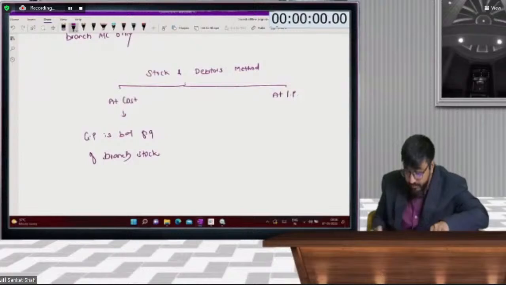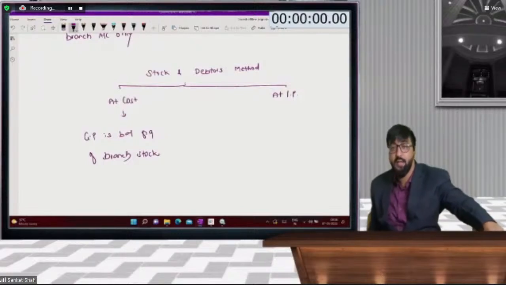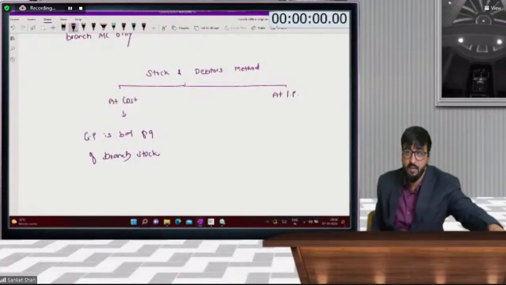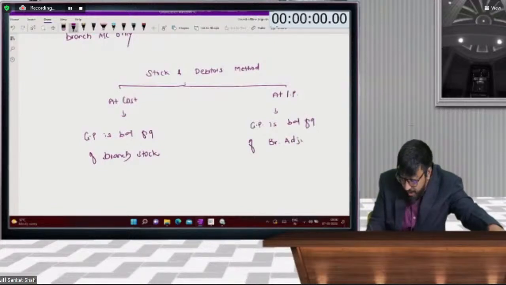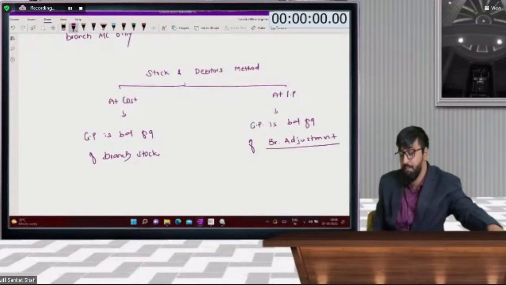Just note down these things. I will explain it in the question. GP is the balancing figure of branch stock at cost, and GP is the balancing figure of branch adjustment account at invoice price.